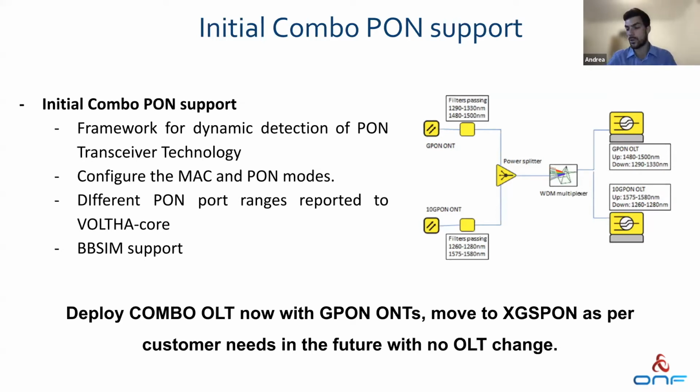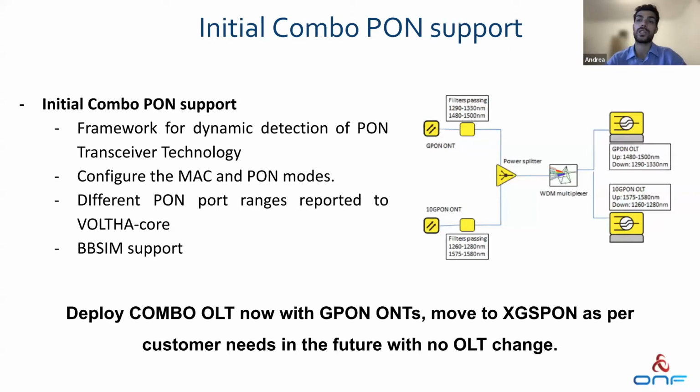We then configure the MAC and the PON modes in the OpenOLT agent, and thus through the whole VOLTHA stack. We report proper port ranges to the VOLTHA core, so the core knows which ports are GPON, which ports are XGS-PON, and how to handle them properly.